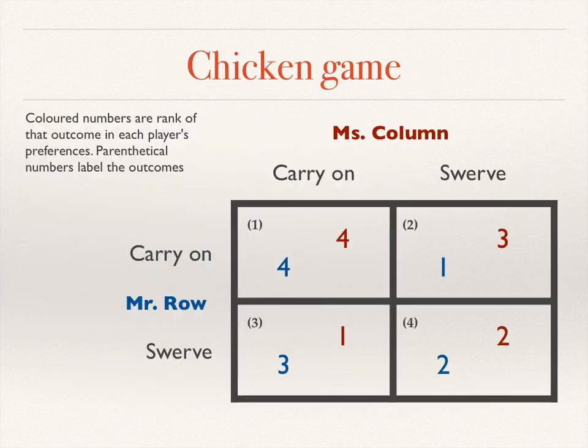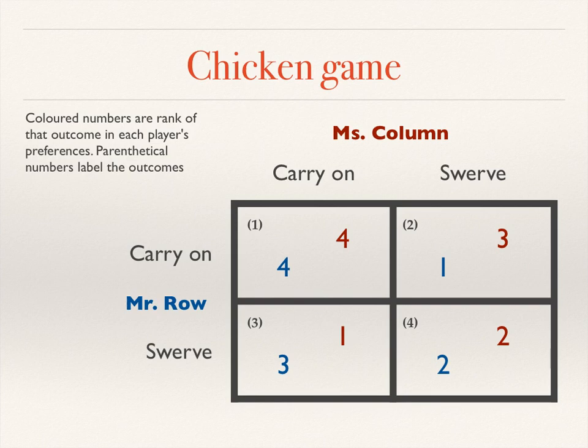All right, now let's look at another game, which is called the chicken game. And chicken is used in the slang sense of coward. So in a chicken game, for instance, 2 cars race directly at one another on a road, and whoever swerves aside or turns aside, that's the loser, that's the chicken.